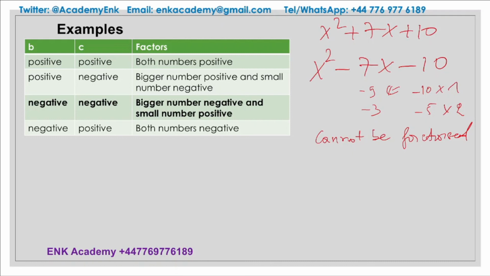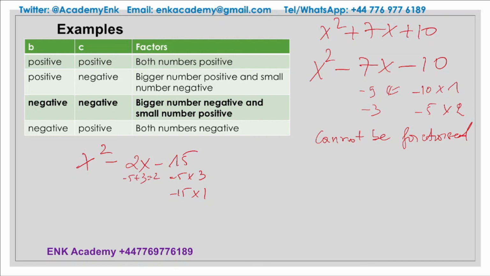However, if we had x squared minus 2x minus 15, then the bigger number should be negative. Minus 5 times 3 is minus 15. Minus 15 times 1 is minus 15. And we see minus 5 plus 3 equals minus 2.